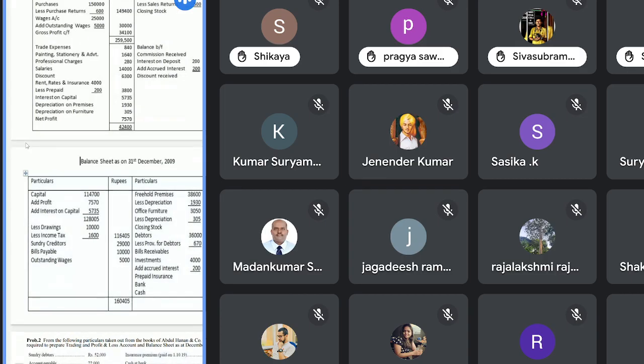So total 1,28,005, less drawings, and then less interest on drawings, if it is there, you have to deduct it. Less income tax also you have to deduct it. Income tax you can deduct either here, or you can put it in the profit and loss account debit side also. Nothing wrong. Either there, or we can deduct it from the capital.